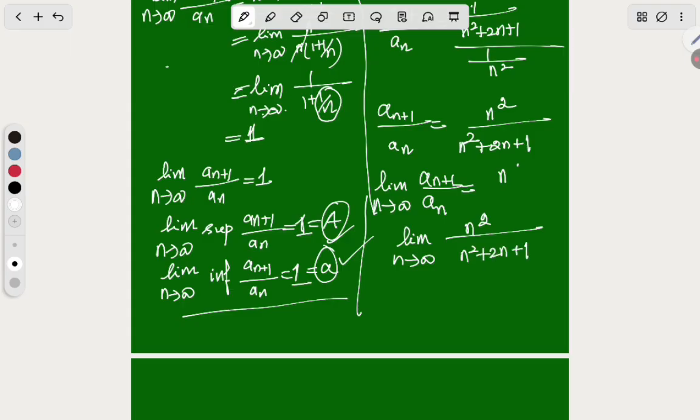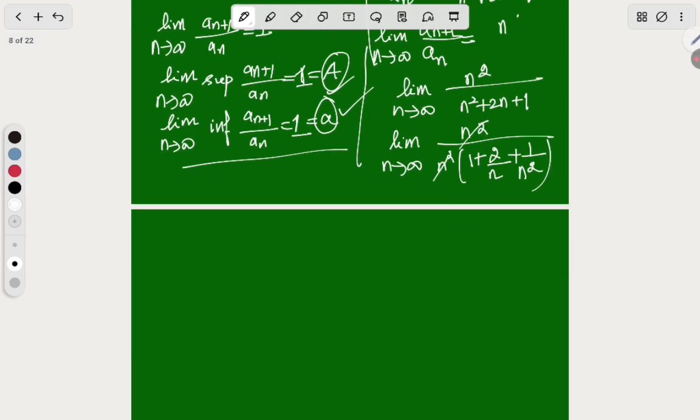To simplify, let us take n square out from the denominator, right? When you take n square out, it is n square into 1 plus 2 by n plus 1 by n square. This n square gets cancelled when you apply the limit. So what will you get? When n tends to infinity, this value equals 0, this value equals 0, and the denominator value will be equal to 1, right?